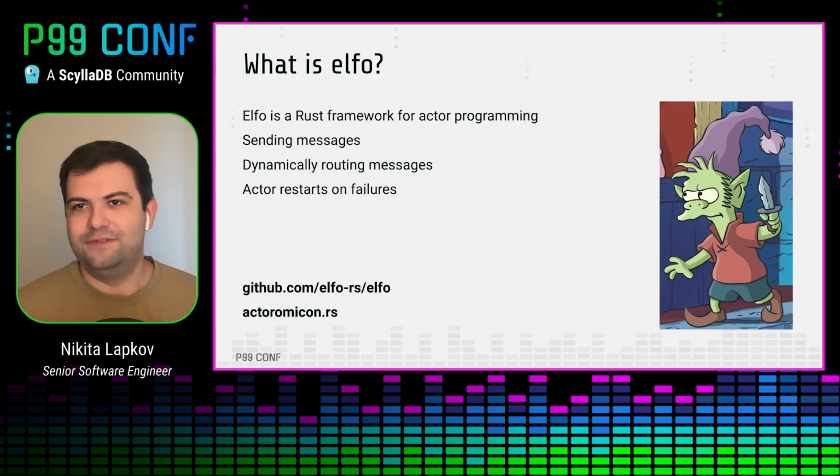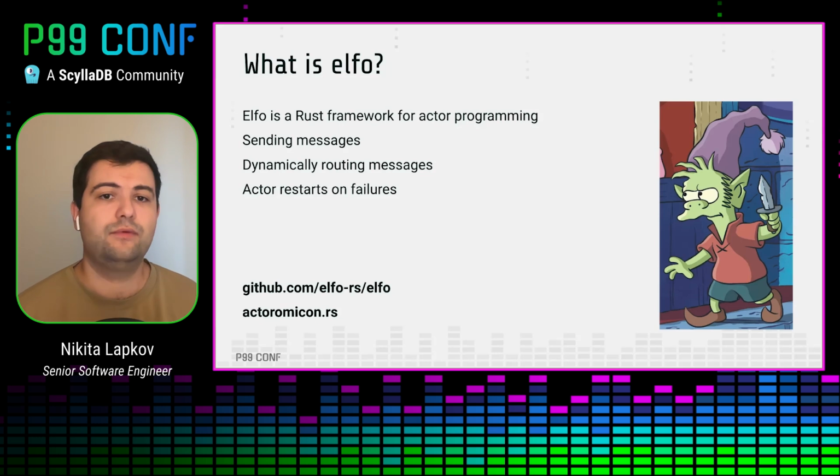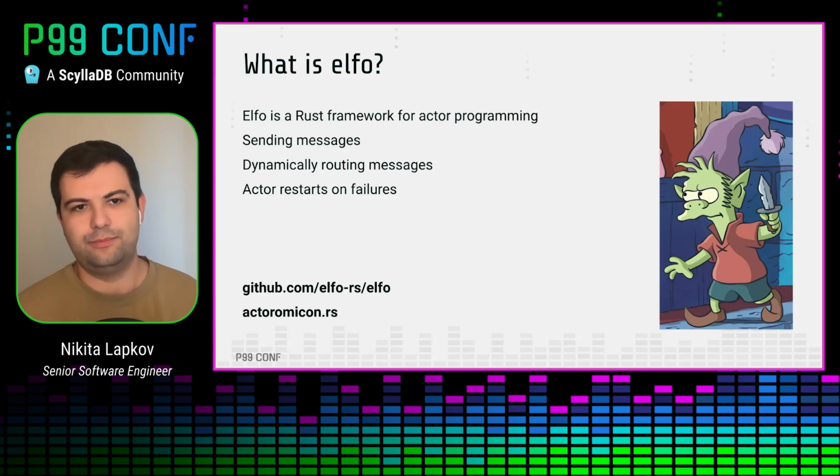However, Rust itself does not support actors internally, so we needed to develop this support ourselves. And that is why we created elfo. Elfo is a technology that allows us to apply actor programming to Rust. It's a Rust framework for actor programming, which obviously supports sending messages, because that's the whole thing of actors. But it does so much more.